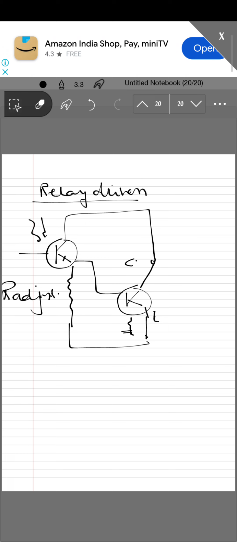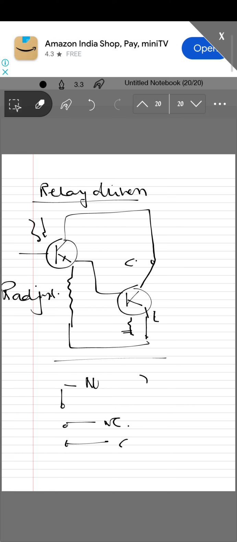It has relay contacts, so it produces either an NO contact, an NC contact, or only a C contact.